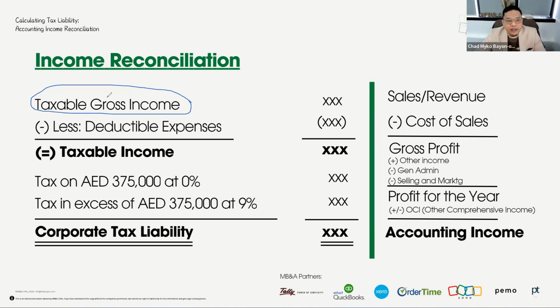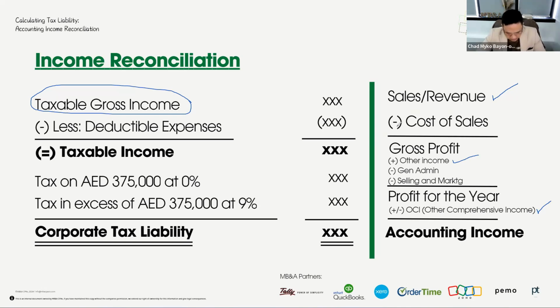Either it will be coming from your sales, it will be coming from your other income, or it will be part of your other comprehensive income. So these are the ones that are to be part of your taxable gross income.